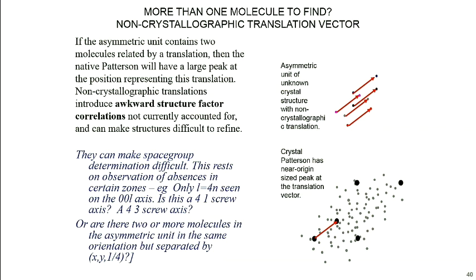And it can make all sorts of problems for you, because very often that translation might be x, y, a quarter. And for reasons I won't go into, if you have a translation of x, y, a quarter, you will have absences along your c-axis, which might make you believe that your space group is a 4-1 or a 4-2, where in fact it's not at all. It's just a result of the non-crystallographic translation.